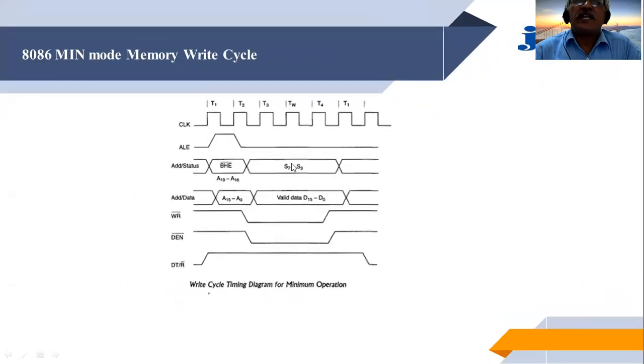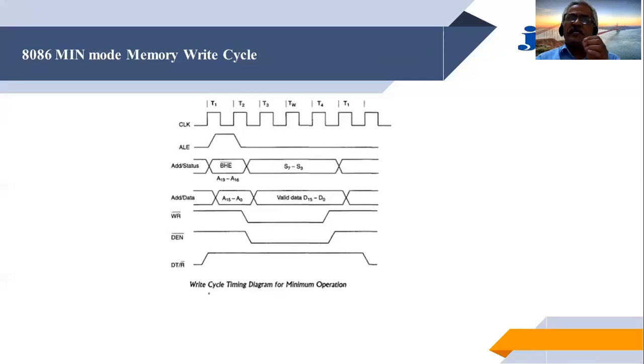If it is a write cycle, again we have ALE, address latch enable, which will enable the latch. There are three latches we saw. The high order latch will demultiplex S3 to S7, and the low order latches, containing the address from AD0 to AD15, will be demultiplexed into A0 to A15 during the T2 state, and then the bus goes into the high impedance state.